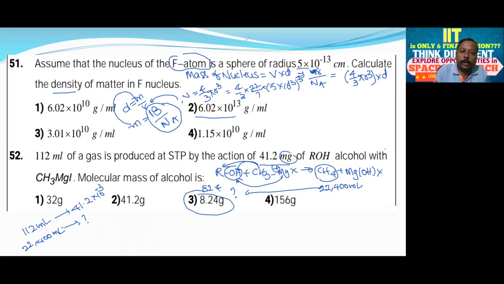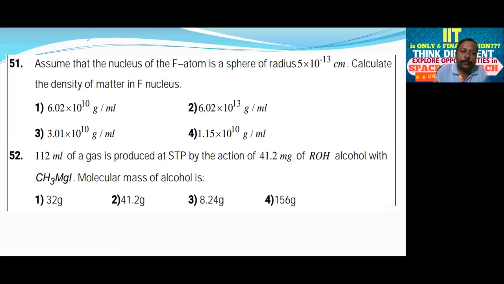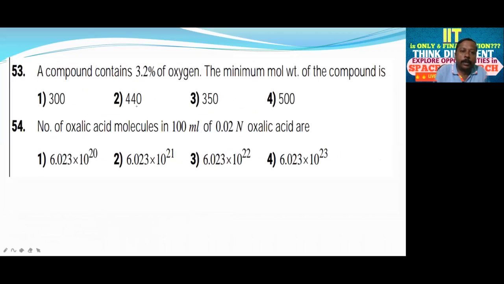Now let's see the next question. A compound contains 3.2 percent oxygen. The minimum weight of the compound is? These model questions are repeated many times. Minimum molecular weight means at least one oxygen must be there. 3.2 grams of oxygen is in 100 of molecular weight.